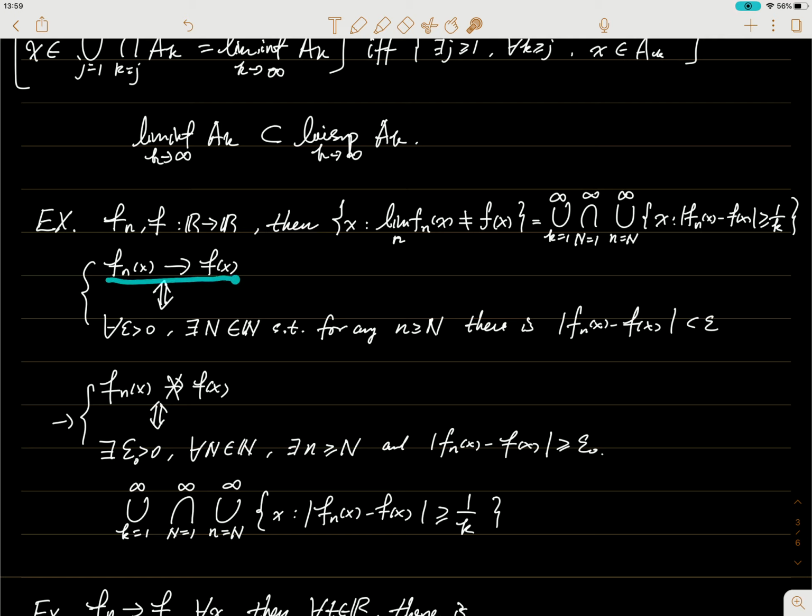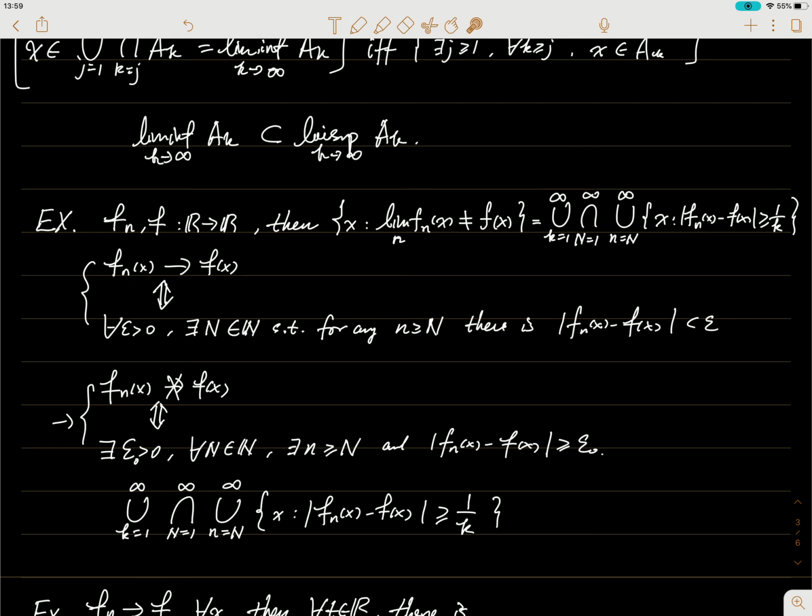If they converge to f(x), that means, by definition of limit, that for any epsilon, there exists some integer capital N, such that for any n greater than or equal to capital N, there is this quantity here. This is the definition for limit, right?